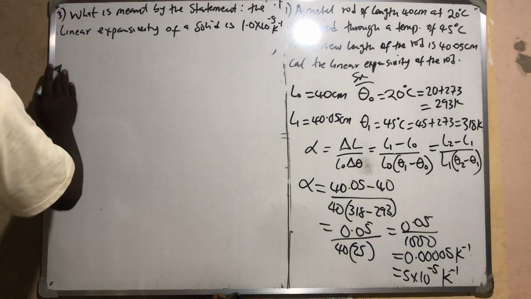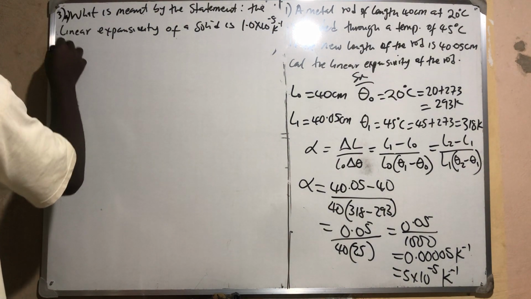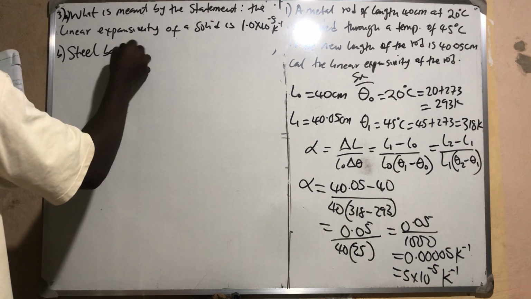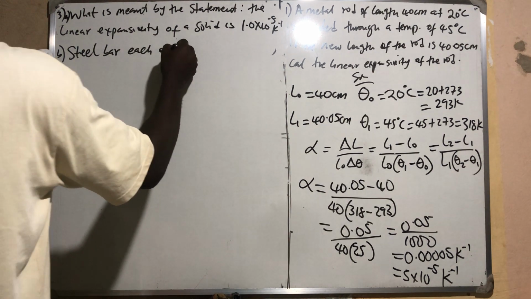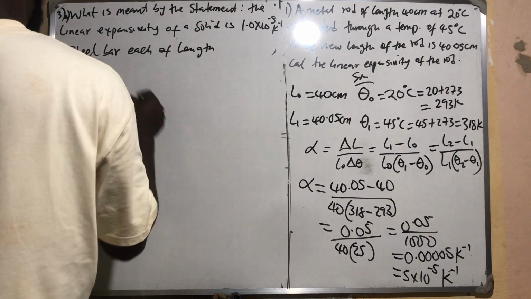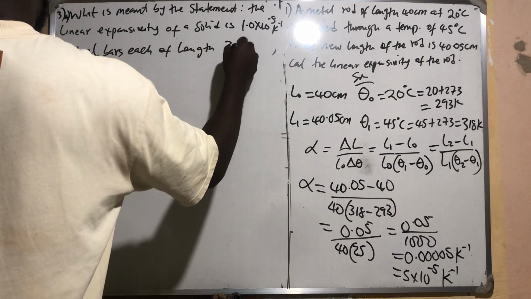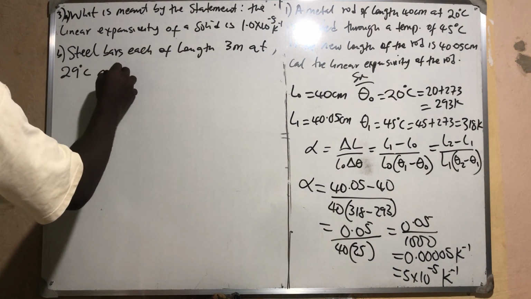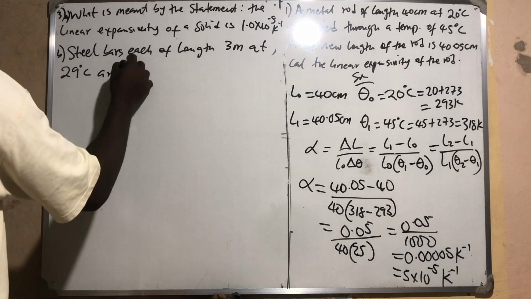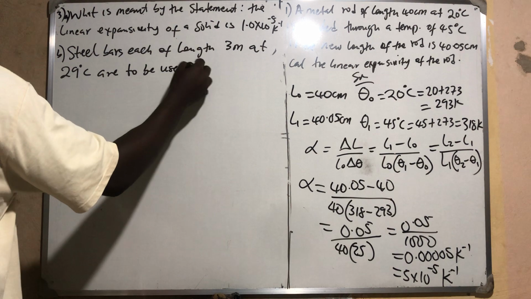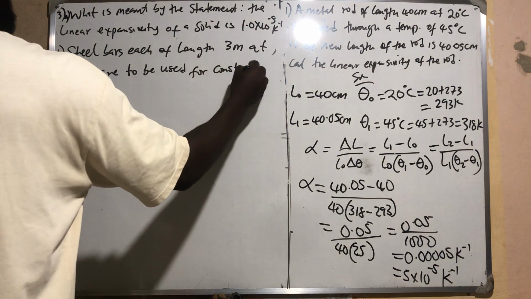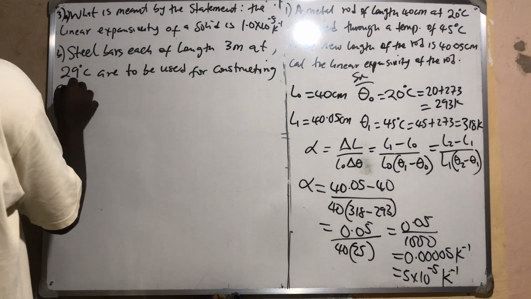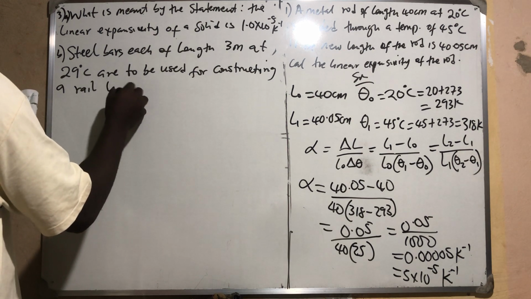Then the B part of the question, this is A. The B part said: steel bars each of length 3 meters at 29 degrees Celsius are to be used for constructing a rail line.